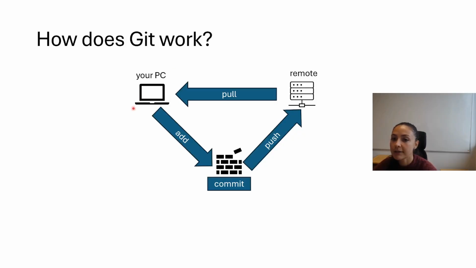Let's say you don't have anything on your PC, you have it only on the remote. It can be like you are doing a project together with a friend and that friend created the files on his PC or her PC and then pushed it to remote, and you want to get this project files on your PC so that you start collaborating together. Let me show this part as well.